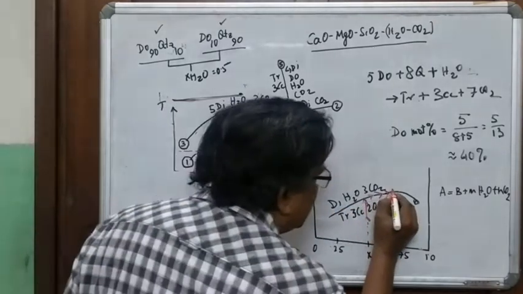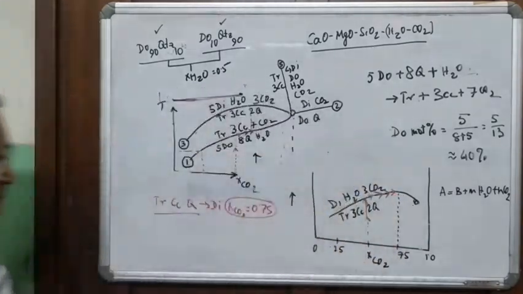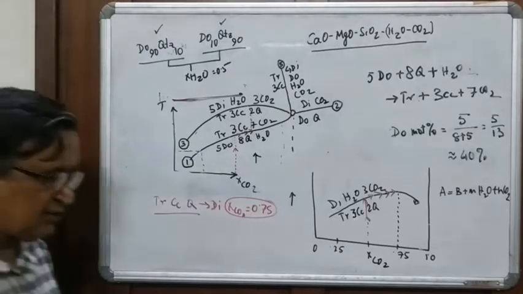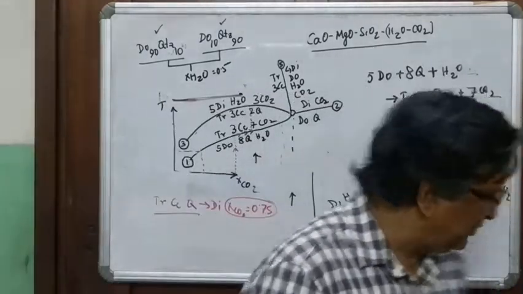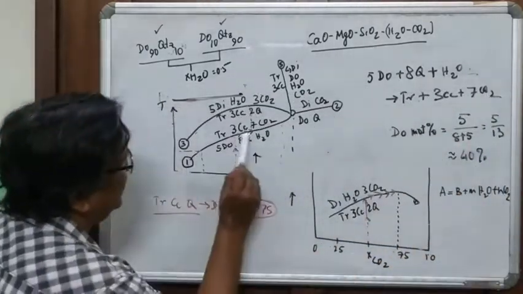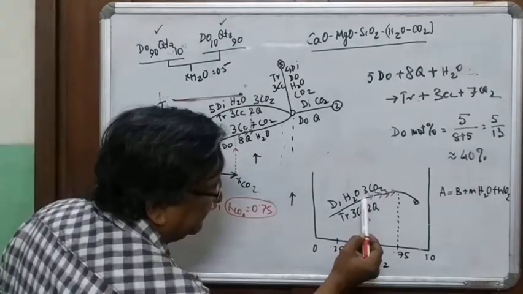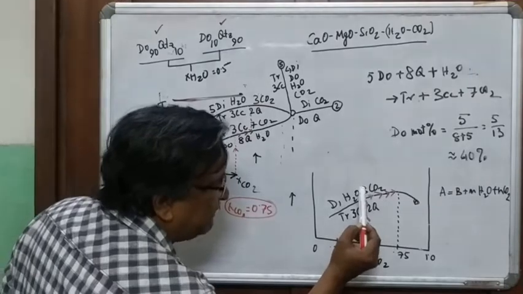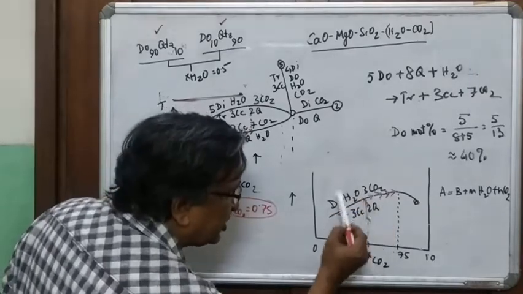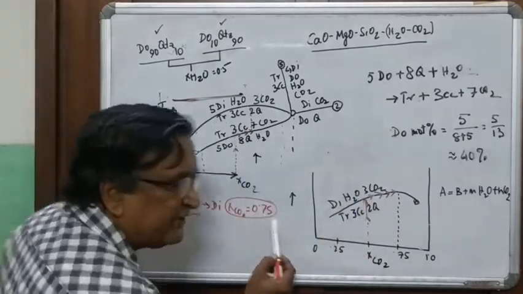Till this point. Have you understood? Tell me if you have understood. Of course, you can't tell me. I hope you understood. You start here on this line, and you reach this. When you reach this, you produce a fluid with XCO2 0.75.